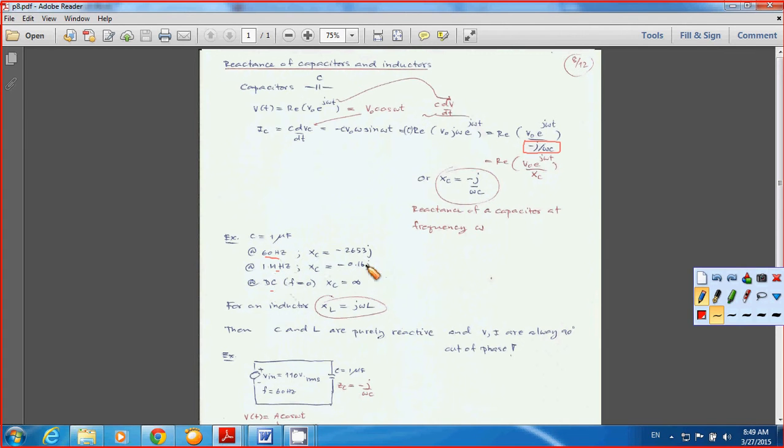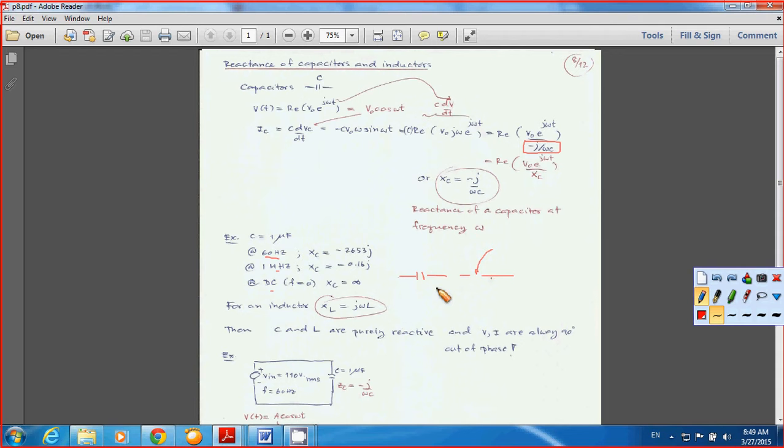The higher the frequency, the lower the impedance, and for the special case of DC, the frequency becomes 0 and your Xc becomes infinity. So when you connect a capacitor to a DC supply, it becomes just like an open circuit, just like blocking the DC supply.